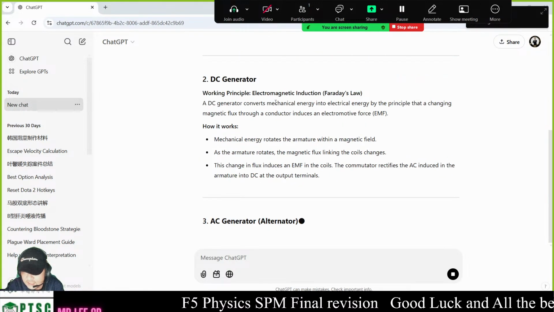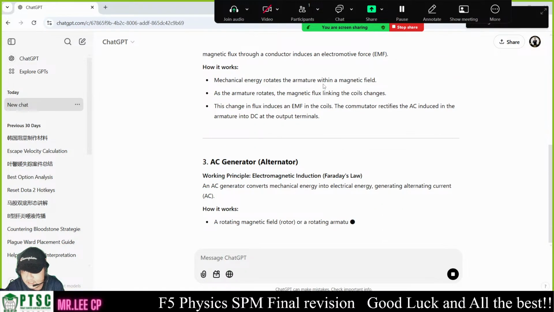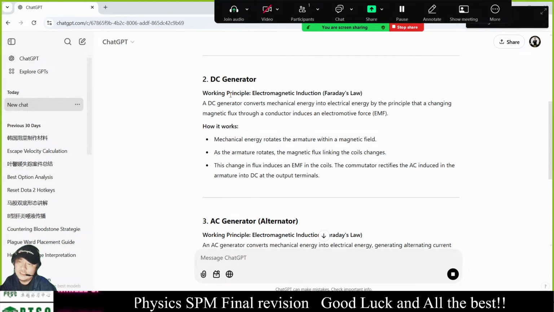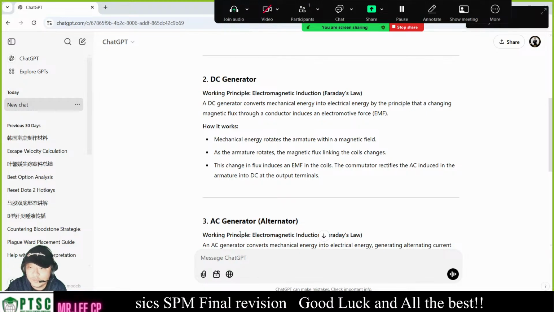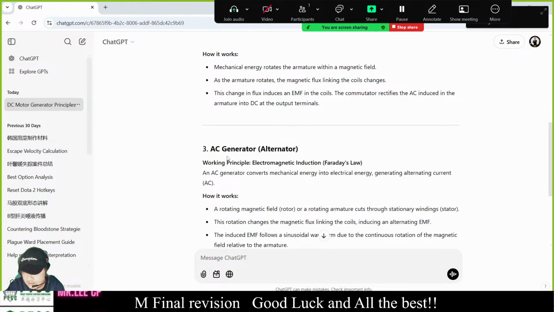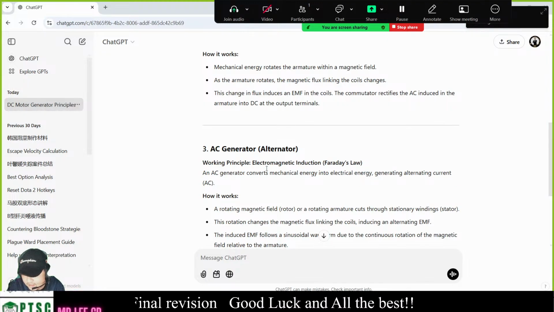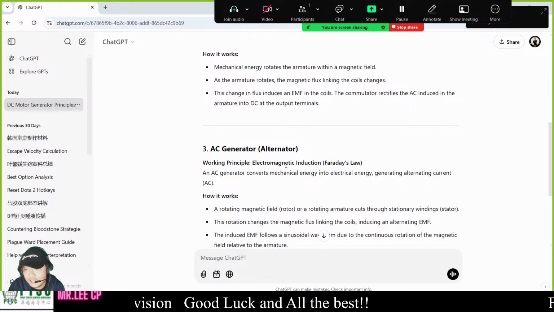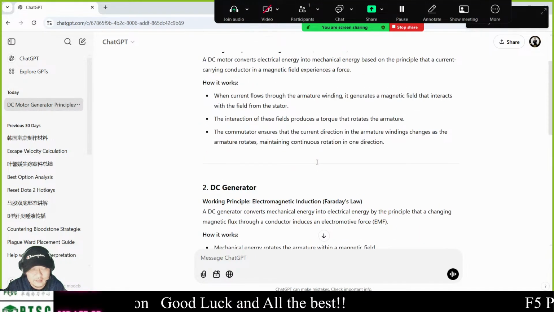DC generator is electromagnetic induction. AC generator is induction again. Yeah, correct. What I answered you is correct.